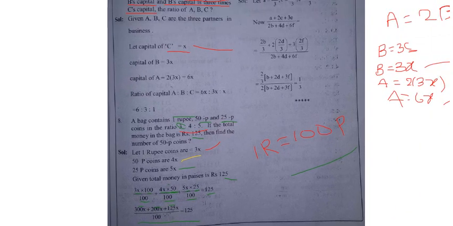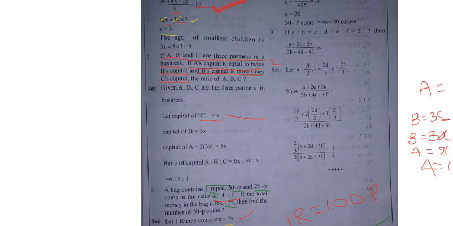Now do the multiplication. 3x into 100 is 300x, plus 4x into 50 is 200x, plus 5x into 25 is 125x. Now if I send 100 to the other side, what will happen? I told you, if a division goes to the other side, it becomes multiplication.